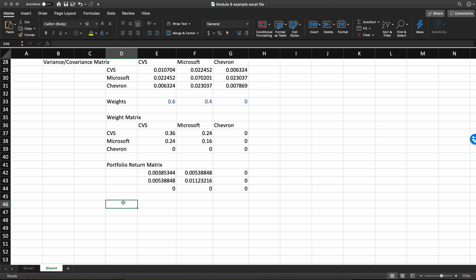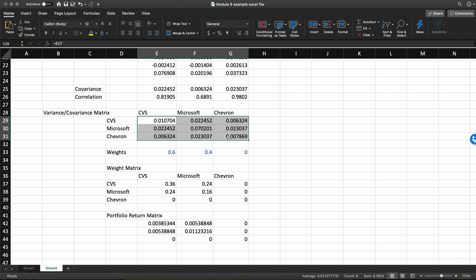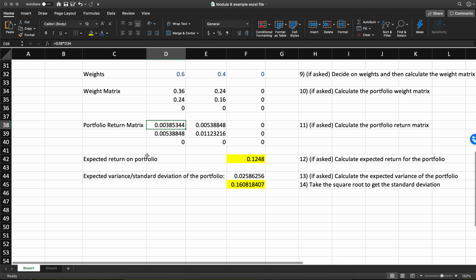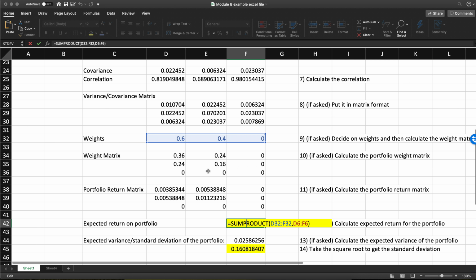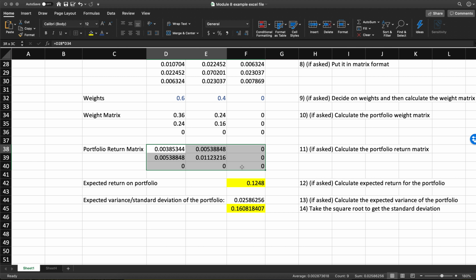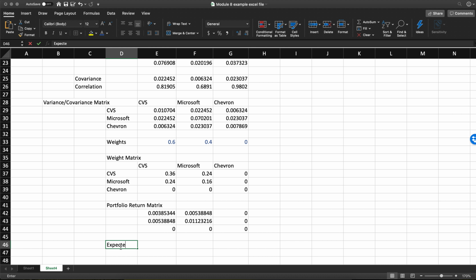So what we have here is a portfolio return matrix, and this kind of gives us an idea, given our weights and given the covariances and given the variances, what we would expect the return to be on this asset or on this typical portfolio. And finally, we calculate the expected return, which is expected return times the weight on these. You can also add all of these. I'm sorry, that's not the right number. You can actually add those to get the standard deviation. All right, let's do the expected return, and then we will talk about the last part.